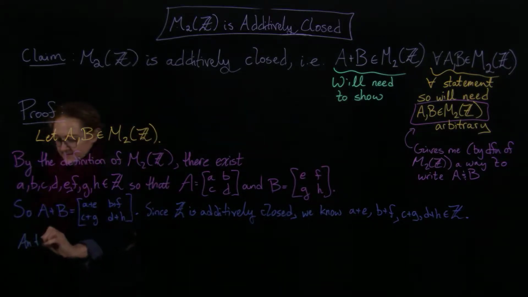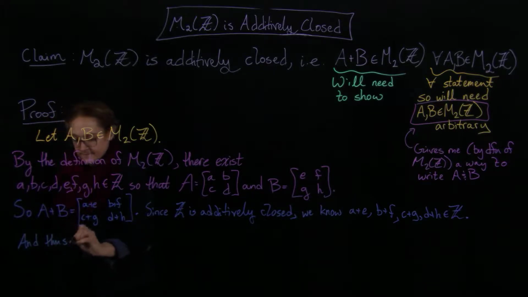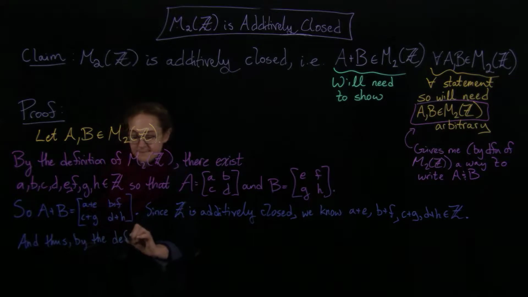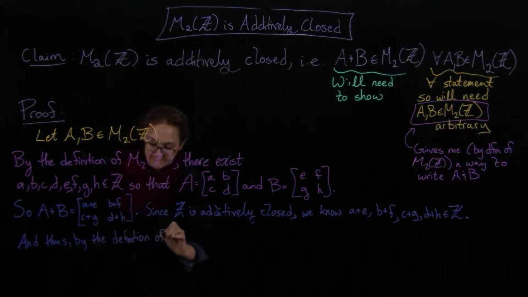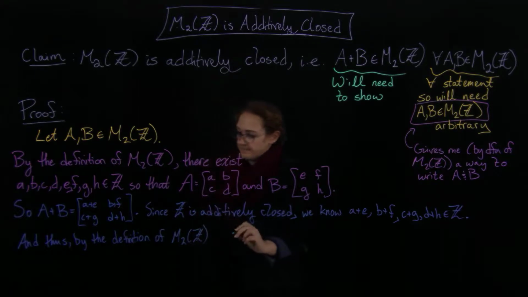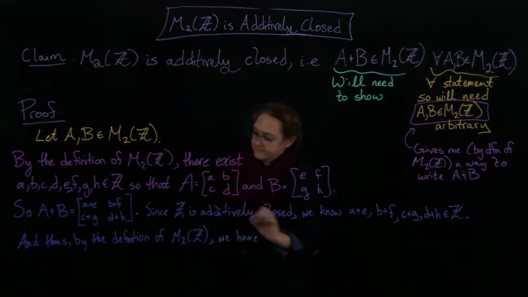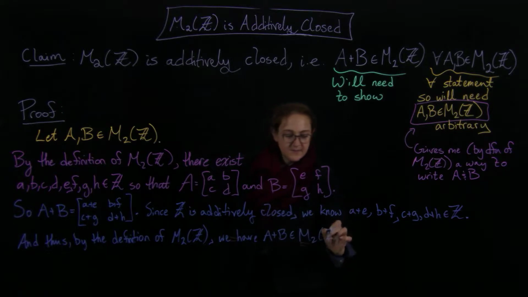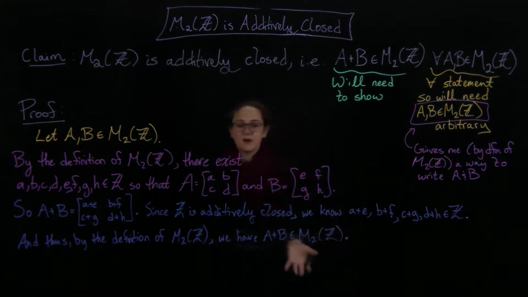and thus, by the definition of M2Z, we have A plus B has to be in M2Z. Okay, all of its entries are integers.